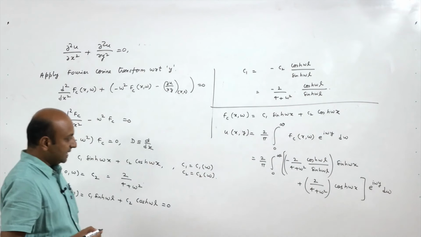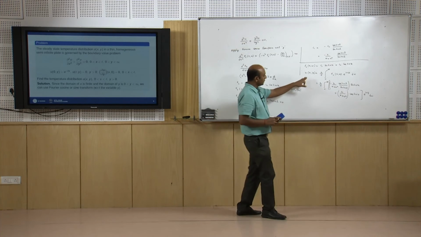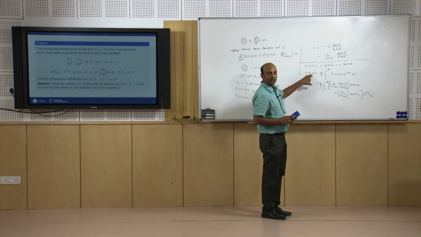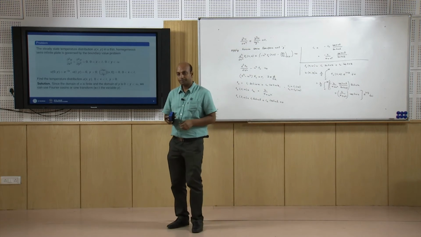So, we can easily simplify this expression, and that will give the final solution u(x, y), which is a solution of this partial differential equation.